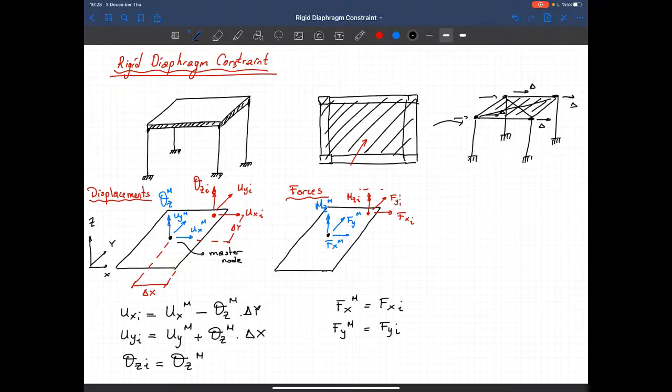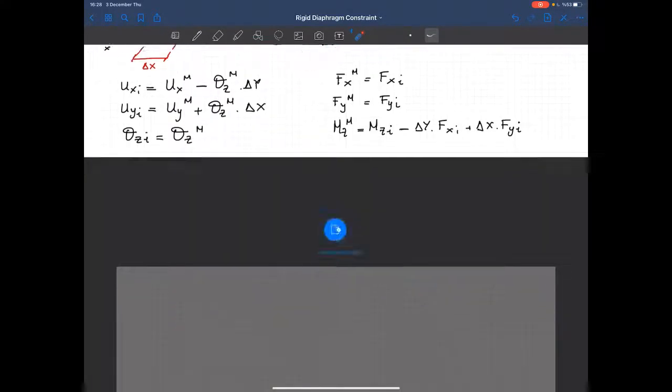So if I take moment with respect to the centroid, I get Mzm equal to Mzi minus delta y times Fxi plus delta x times Fyi. And these are the relationships between the forces at the typical node and the forces at the master node.